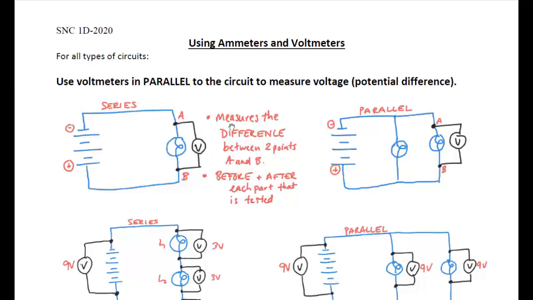So what we're really doing then is measuring the difference between 2 points, because voltage is potential difference. It's what's the push power on this side of the load versus the push power on the other side of the load. We're trying to get the difference between those 2 points. So it doesn't matter whether you're doing a series circuit or whether you're doing a parallel circuit, you always add them in parallel if you're doing a voltmeter check.